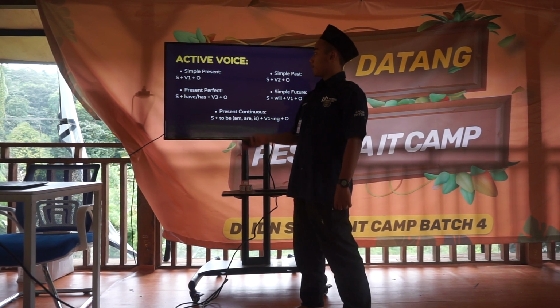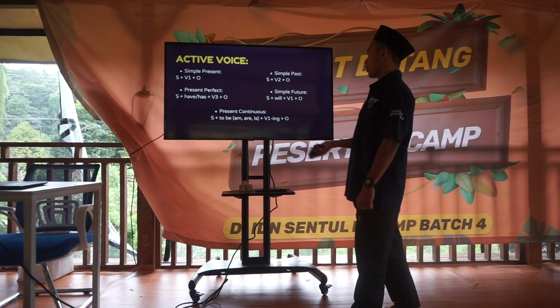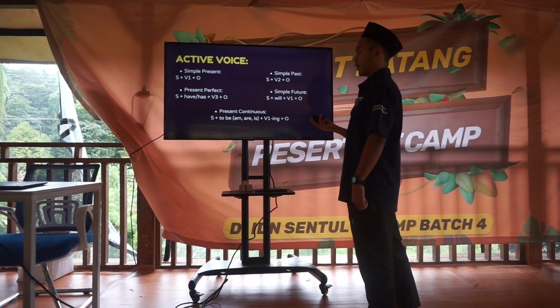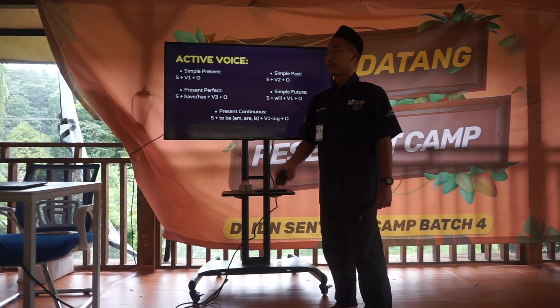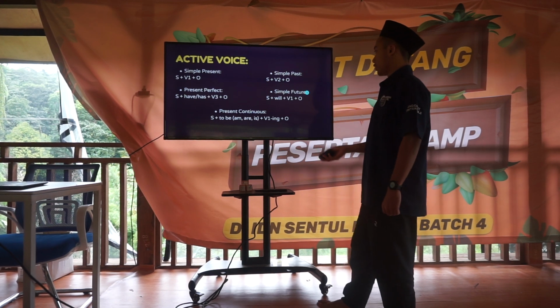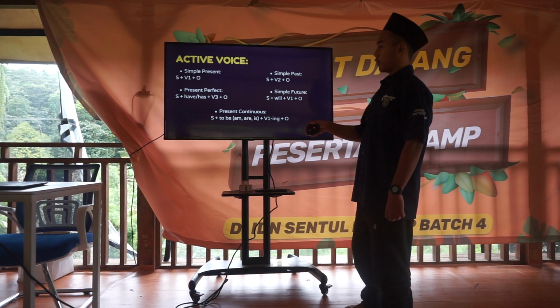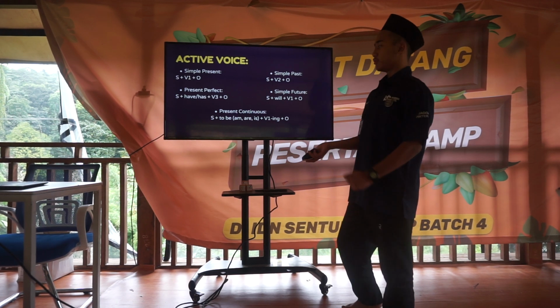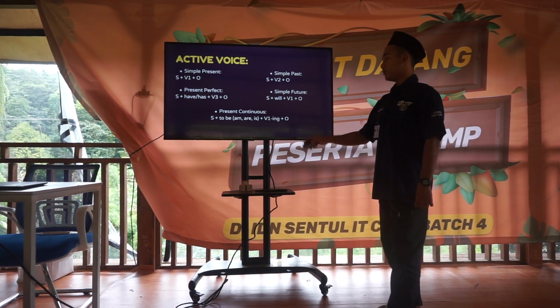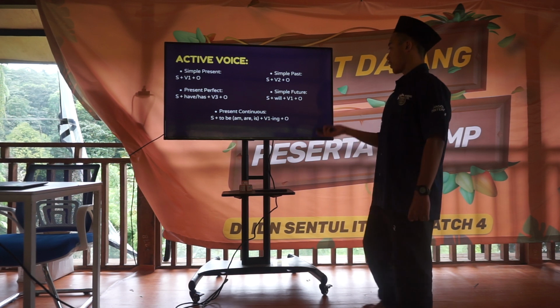Simple present uses verb 1, simple past uses verb 2, present perfect uses verb 3 with have and has before it. Simple future uses verb 1 with will before the verb, and present continuous uses to be before the verb plus ing.